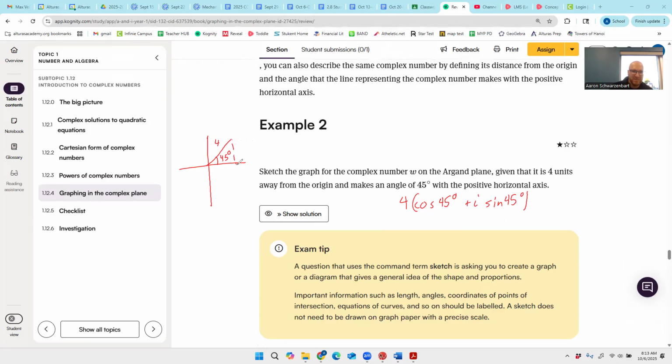Wait, that's the equation for just the coordinate. The x coordinate is 4 cosine 45.